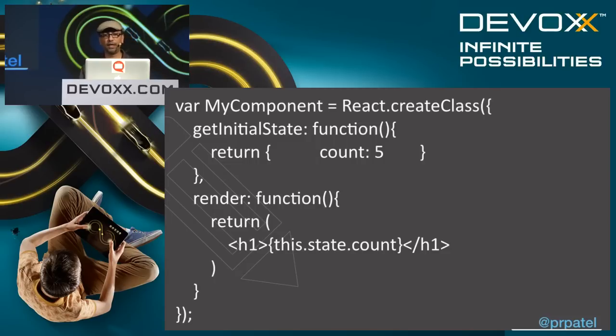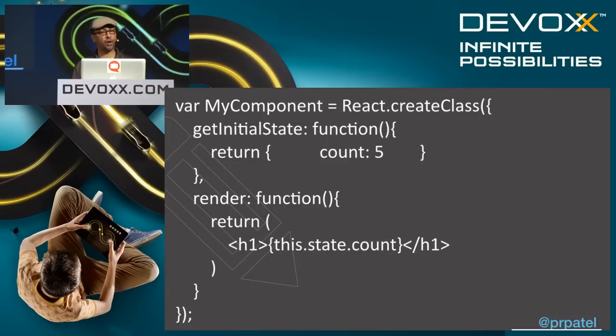Then we can access that state from within the render function, or actually anywhere within our component, by doing this.state.whatever. In this case, you can see how I've glued the count that I set in getInitialState into the actual render part of it. So we could set up a counter so that every time something gets rendered, we can increment it and then show it if we want to.